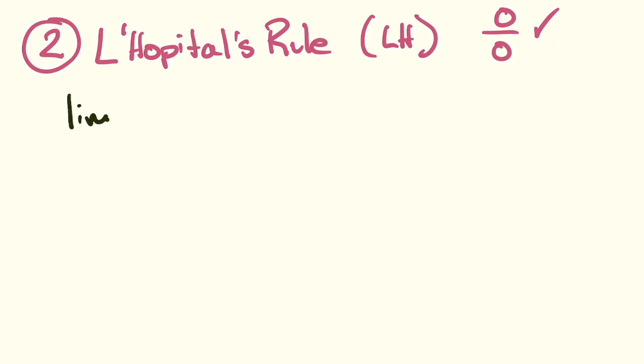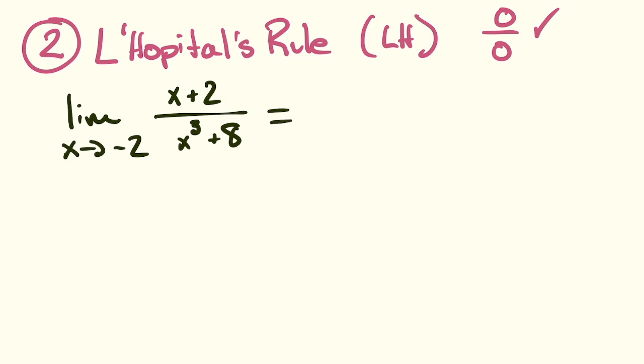L'Hopital's rule says if we have a limit where when we plug in the number, we get 0 divided by 0, we can take the derivative of the numerator and the denominator, and we're going to take those derivatives separately, and this is going to give us the same limit. So we're going to start off with the derivative of the numerator.